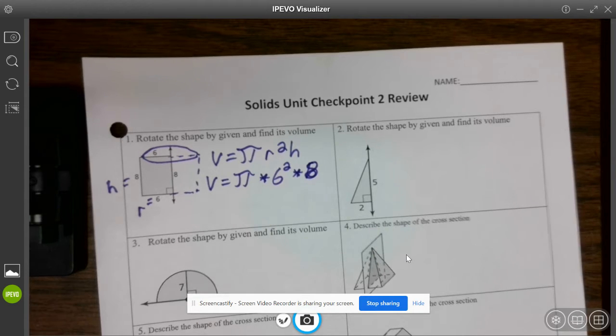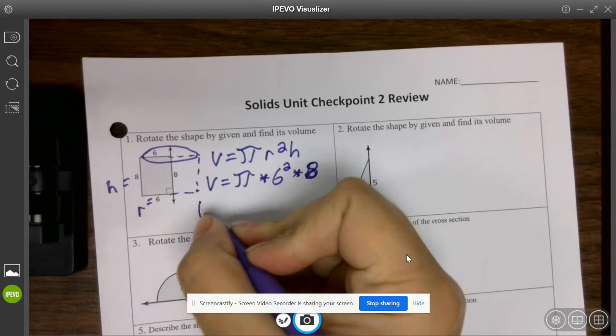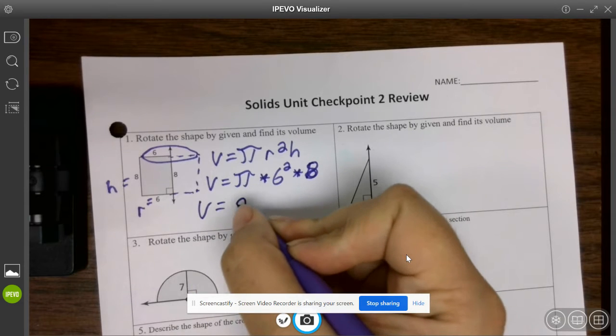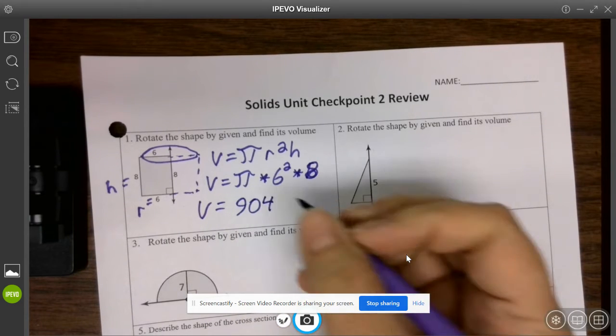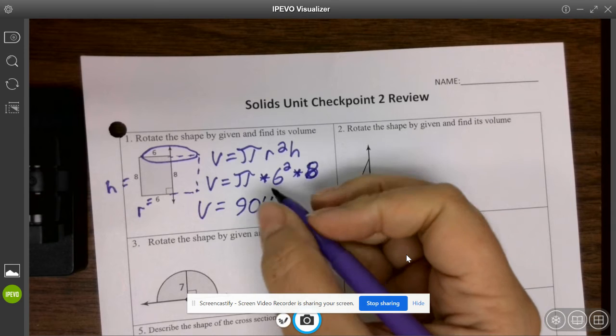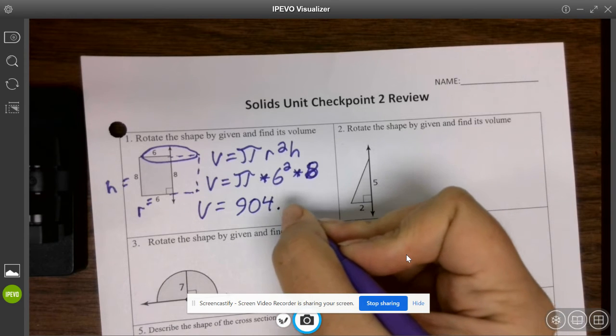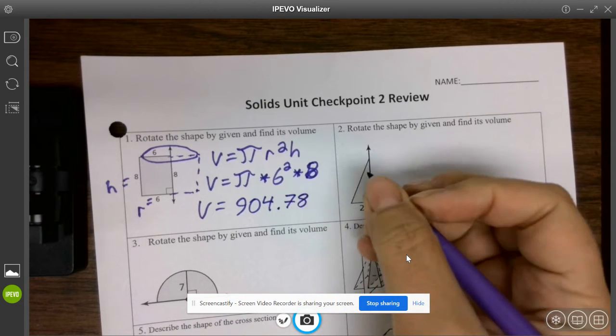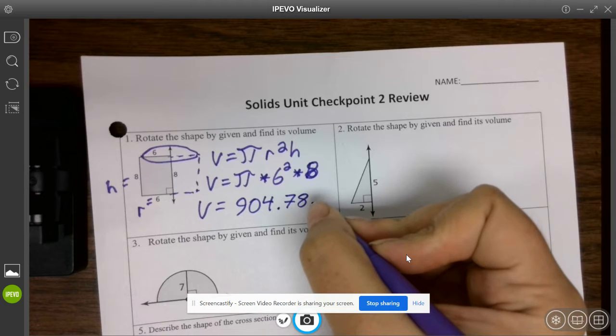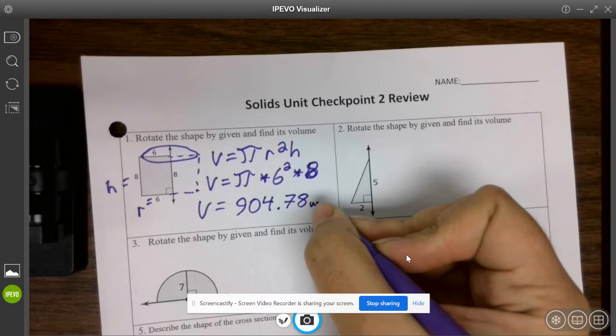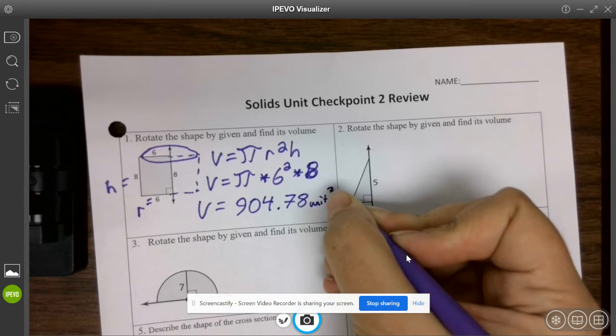So we're going to plug this in the calculator and get 904.78 units cubed.